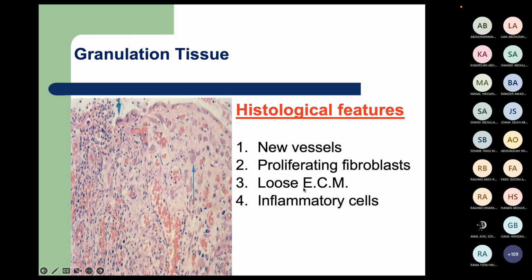Then there's loose extracellular matrix. Between these two structures, blood vessels and fibroblasts, the area is loose because a lot of plasma protein is leaking out of the blood vessel, because these cells need a lot of nutrition. They need a lot of hormones and nutrients, so the area contains a lot of plasma proteins and nutrients so that it looks loose.